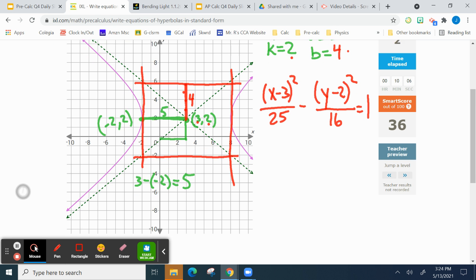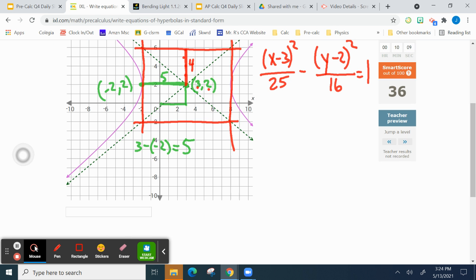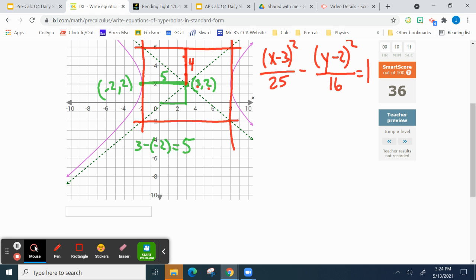And that's how we do that, taking care to put the center points in there. That's the only difference from what we did before, is we put the center points in, right?